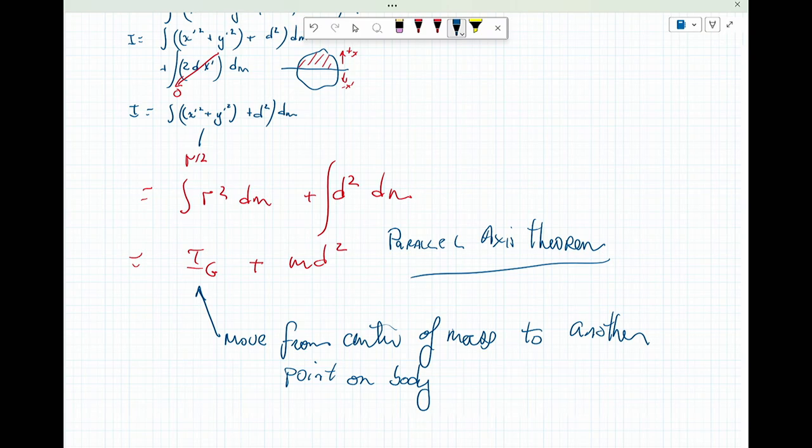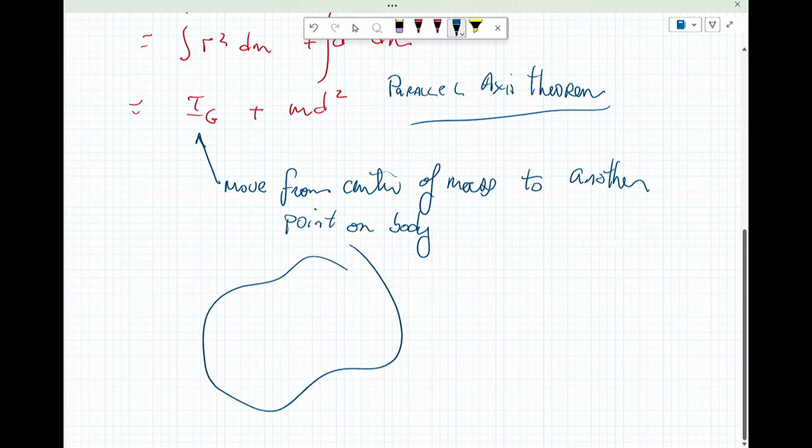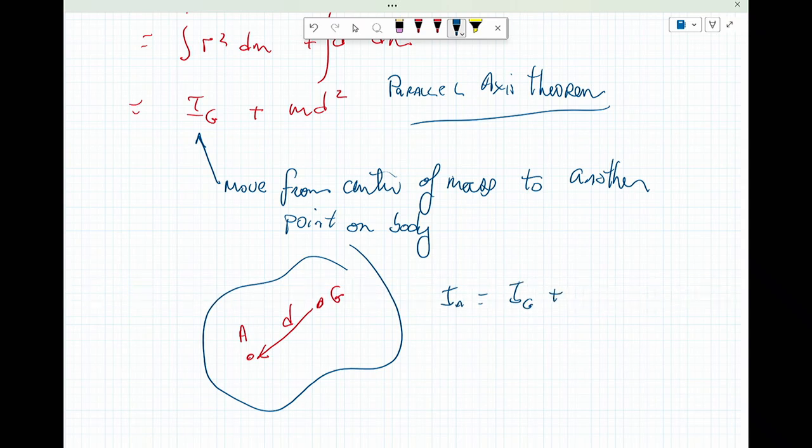So what that means is I have a body, I have G here, and I have A here. And its perpendicular distance is d. I A equals I G plus m d squared.